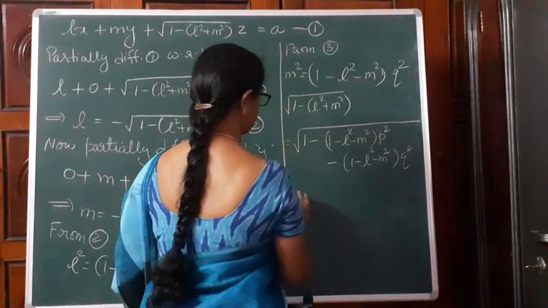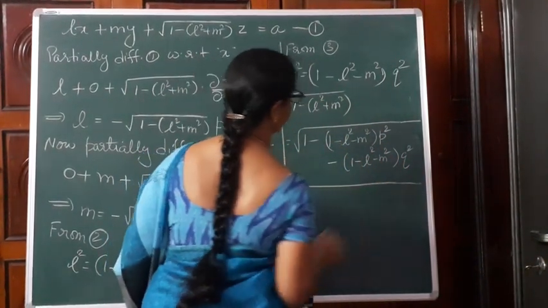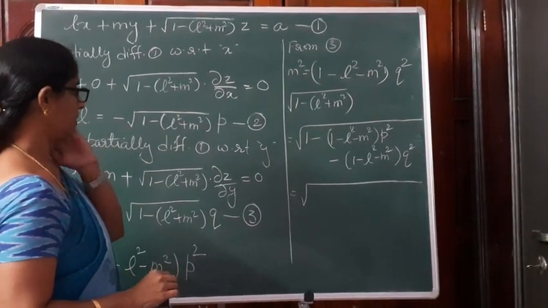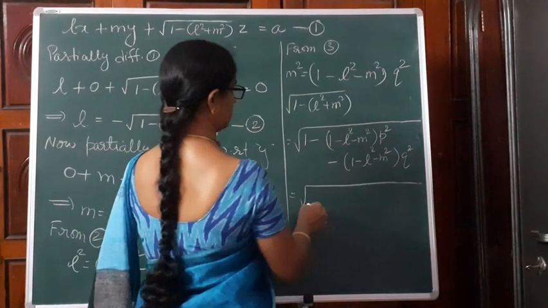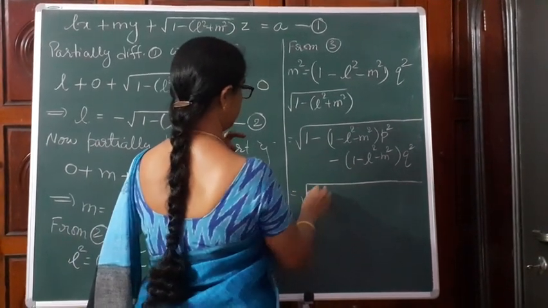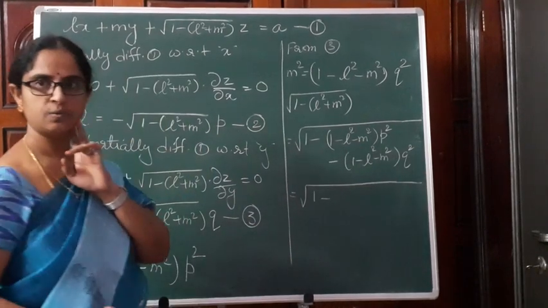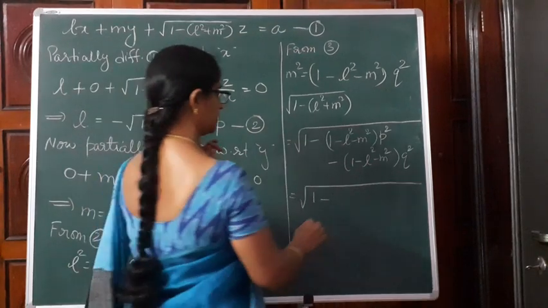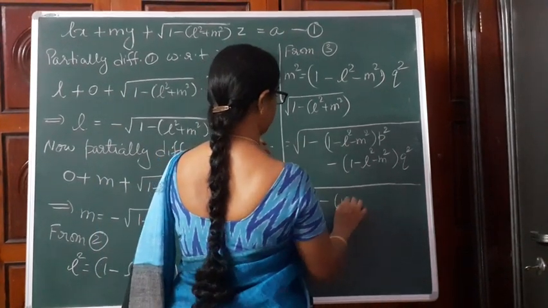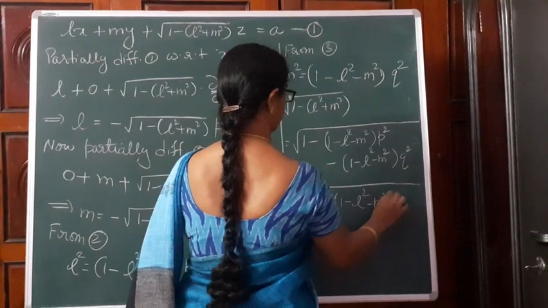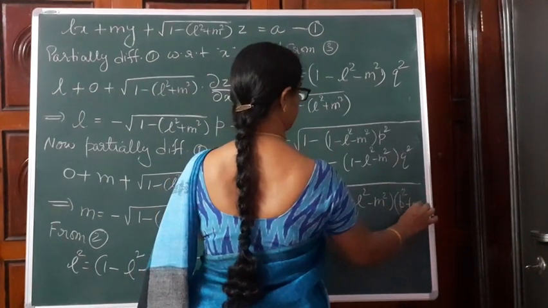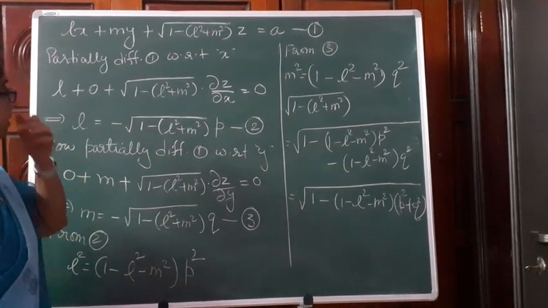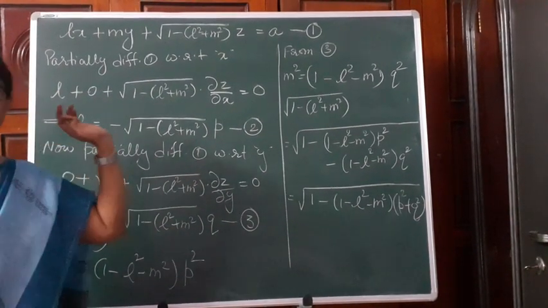Right, that is equal to square root of, what do we get here? 1 minus L square minus M square. If we take common, we get 1 minus L square minus M square into P square plus Q square, right? So from this, we are going to find its value and substitute in A.